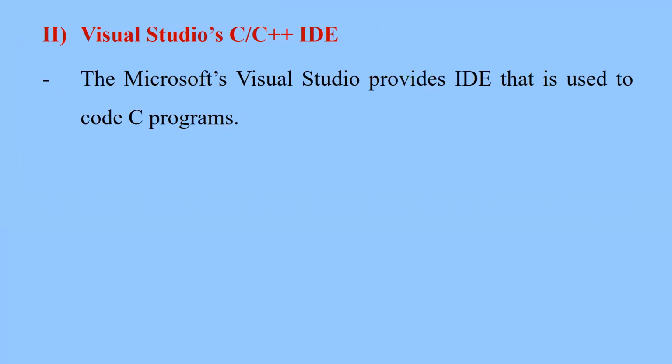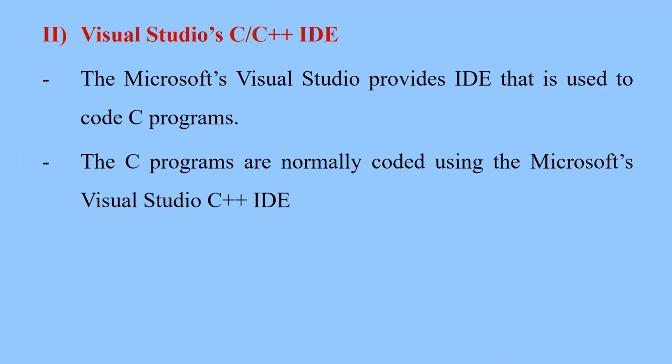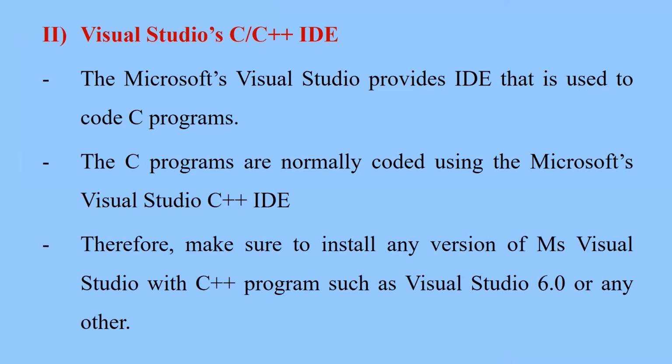Then we can look at Visual Studio's C or C++ IDE. The Microsoft Visual Studio provides IDE that is used to code C programs. The C programs are normally coded using the Microsoft Visual Studio C++ IDE. Therefore, make sure to install any version of Microsoft Visual Studio with the C++ program, such as Visual Studio 6.0 or any other.